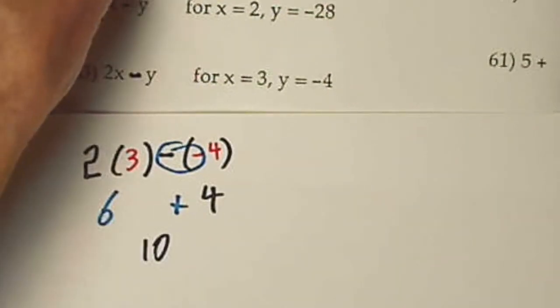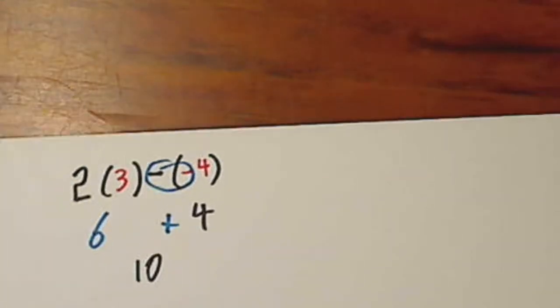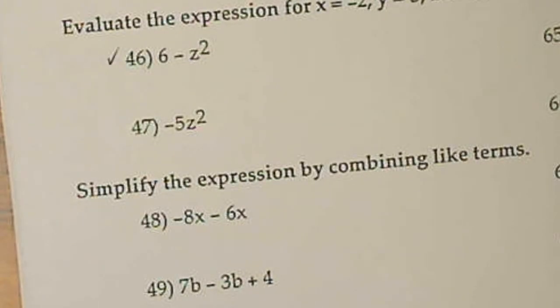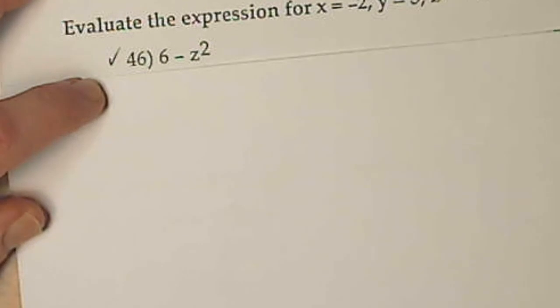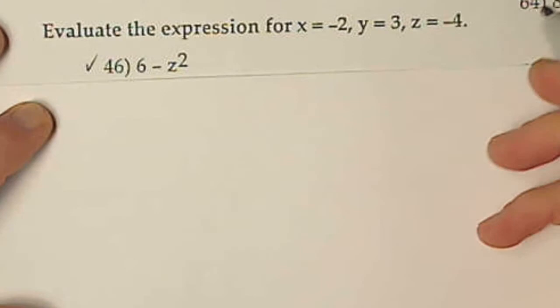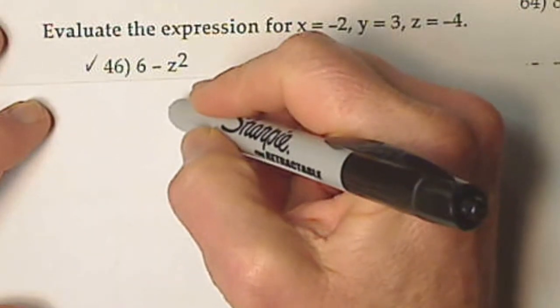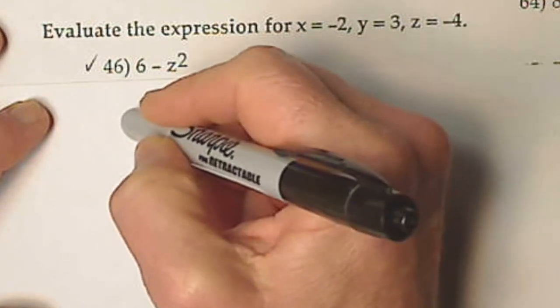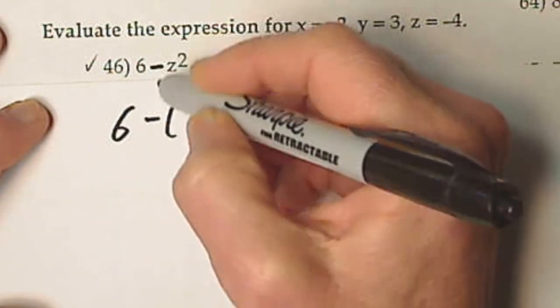And we can look at another one for evaluating expressions. We'll take a look at number 46. And we have 6 minus z squared. And let's see, our z value over here is going to be a -4, so I'm going to be real careful to use parentheses for that, and I'll bring down everything else. Okay, this negative sign is right here.